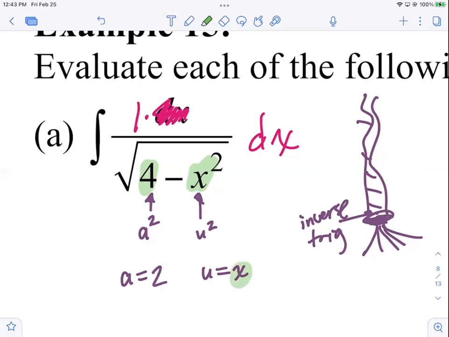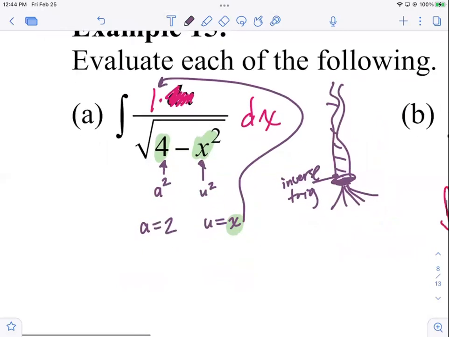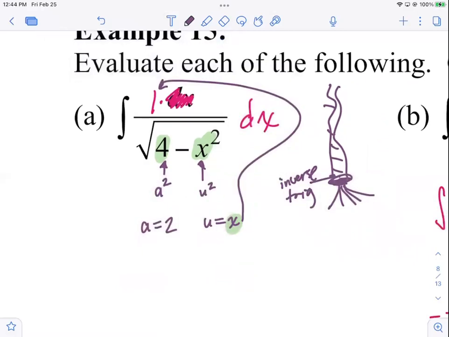Whatever you're calling u, you still have to check to see if the derivative of u is the other factor in the problem or only off by a constant. What is the derivative of x with respect to x? 1. Are we off by anything? No. So there's no additional correction to make, and there's no rider other than a 1.